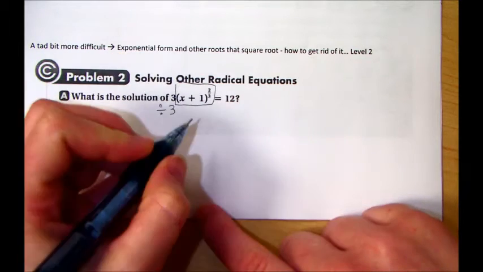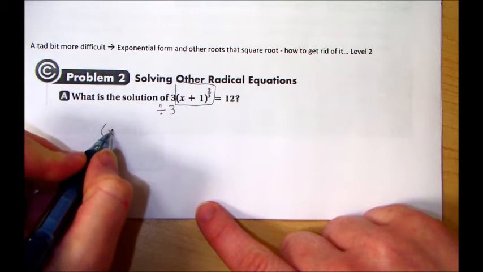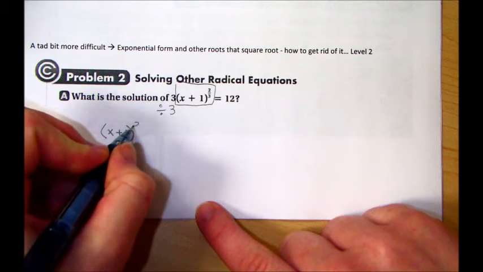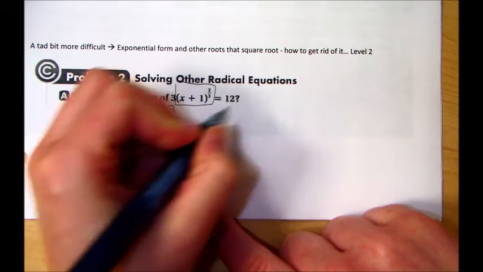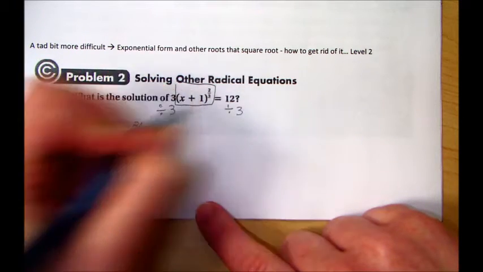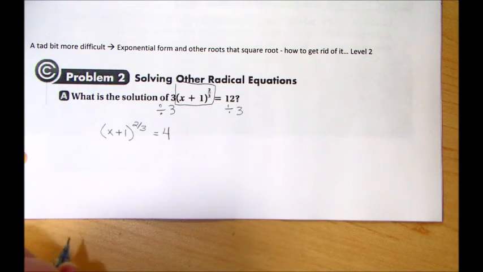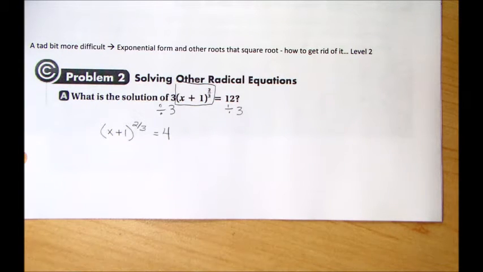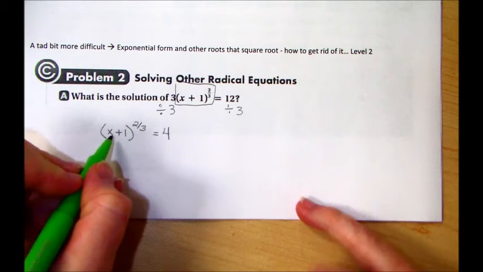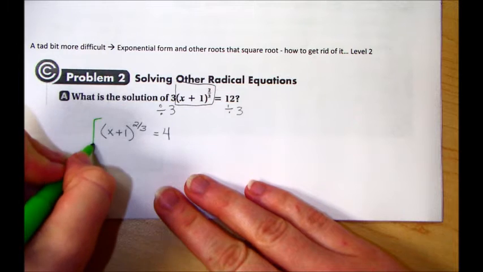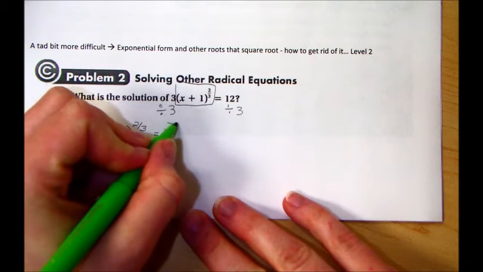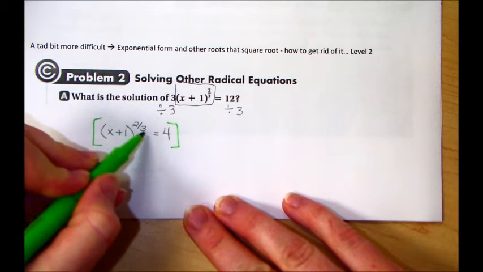Dividing by 3 on both sides is just going to give you your parenthesis of x plus 1 to the 2/3 power equals, well, when you take 12 divided by 3, 12 divided by 3 is 4. Now, the way that I've taught it in the past is a little bit different, so what I'm going to do now is just encourage you to know, and hopefully you can understand this, that in order to untrap this x, I need to take this entire side, or the entire problem, to the reciprocal of 2/3.